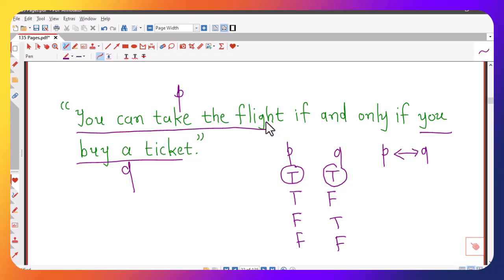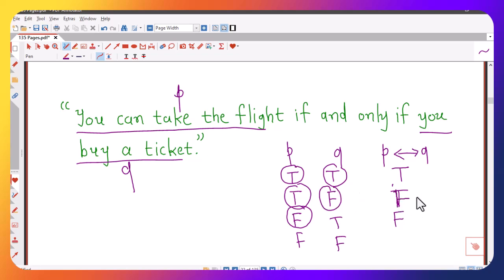That is, you can take the flight implies you buy a ticket, and if you buy a ticket you can take the flight. So this is true. Here P is true, that is, you can take the flight, and Q is false, that is, you cannot buy a ticket. So this makes it wrong. Similarly, this is false here; I write F. So if one of the two propositions is false, then the biconditional is false.